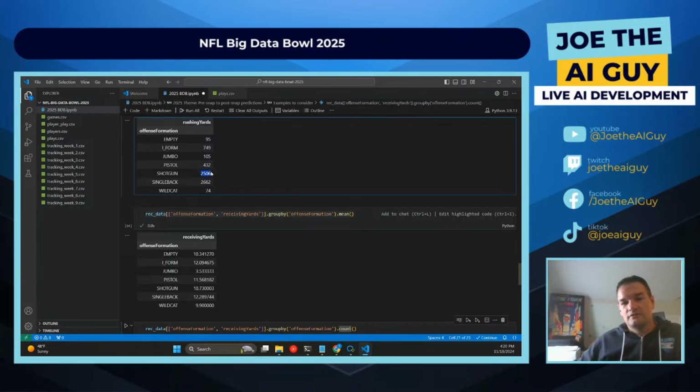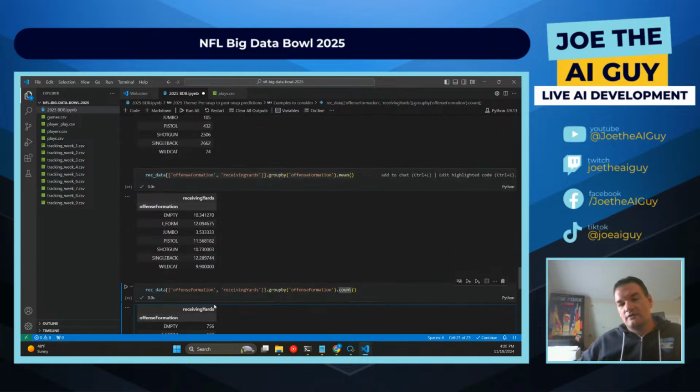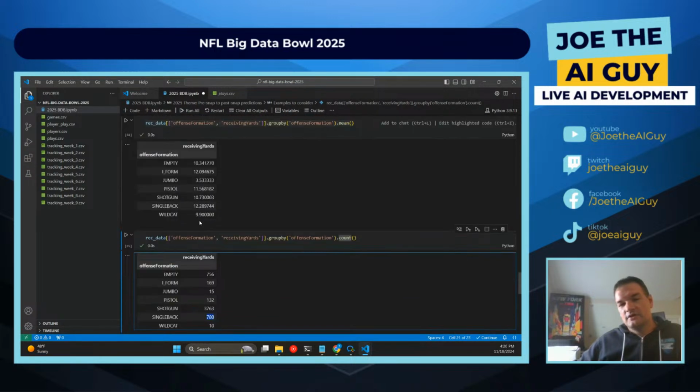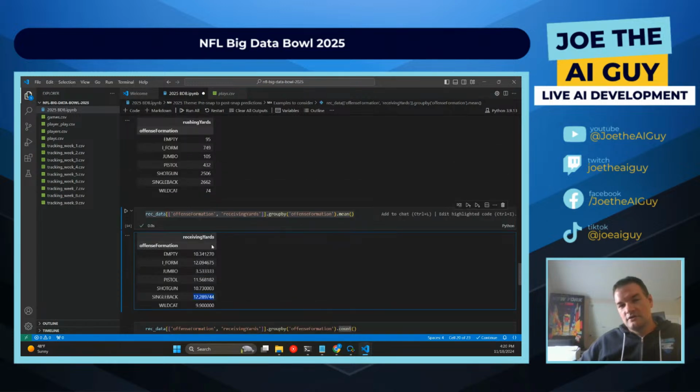You have 2,500 rushes and about 4,000 passes versus the single back formation here. You have almost an 80% likelihood to be rushing versus throwing. So defenses would hopefully key in on that, and then you're seeing that here in the yardage outcomes.